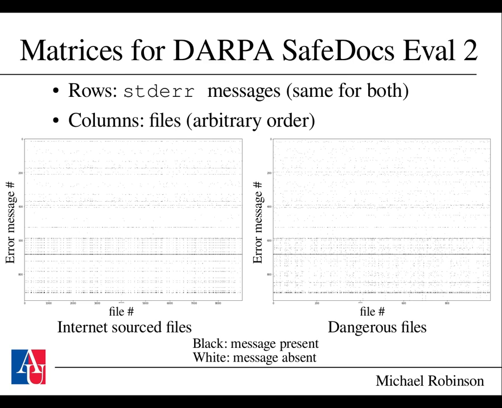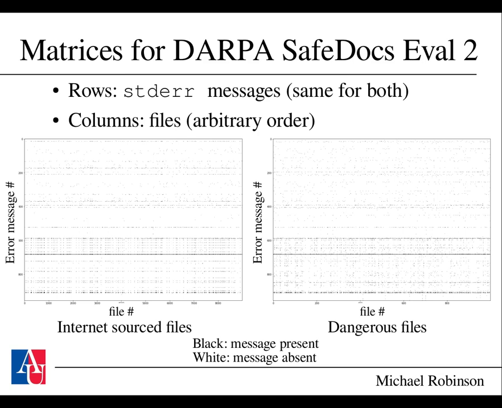Now, the rows are certainly more than 22. I said we ran 22 parsers. We split up those parsers into a variety of regular expressions that ran on their standard error. And so we had just over 900 messages that we looked for from those parsers.